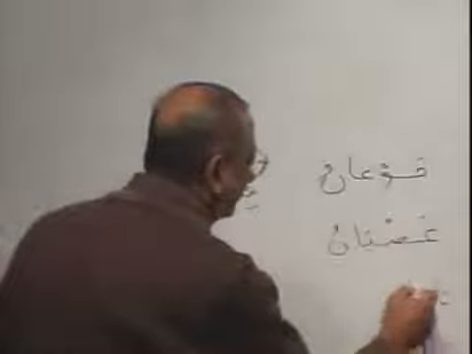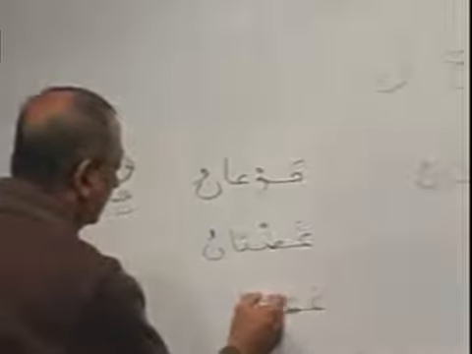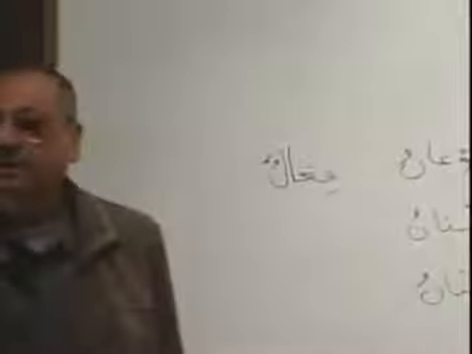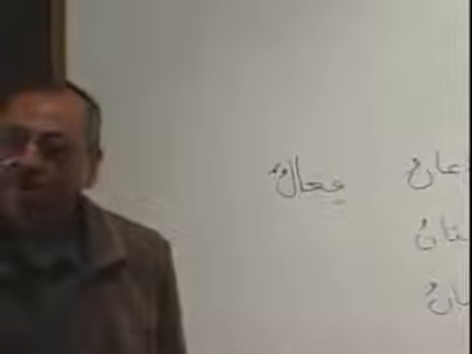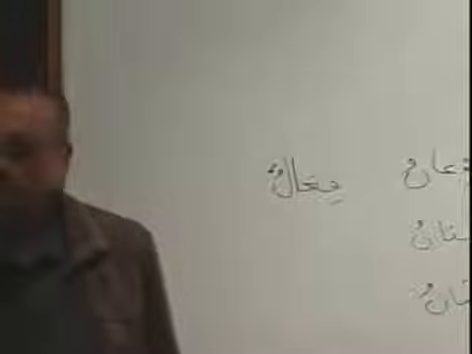Atshanu. Where is the root? Ain, toy, and sheen. So make on the wazan of fi'alun, i'tashun. It's easy. I'tashun.